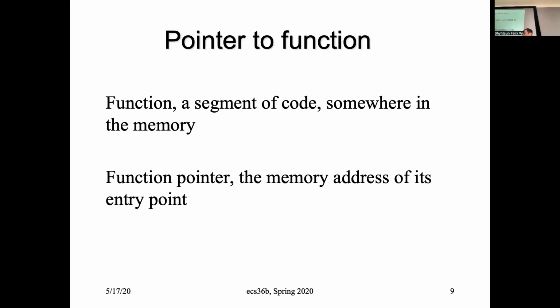So for example, we talk about lambda. What is a lambda? Lambda is an expression for a function, but the compiler is going to compile that lambda into a function. When you run the program, that function needs to be somewhere in memory as well.